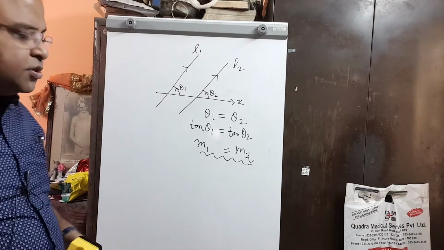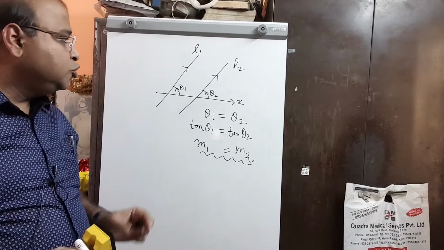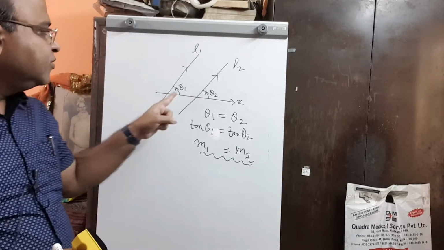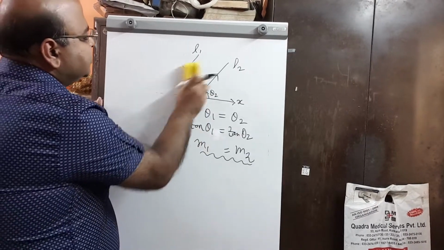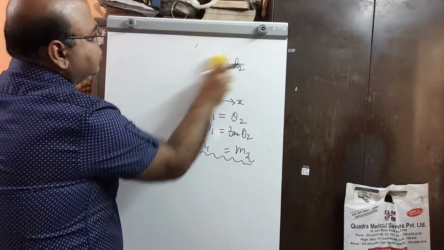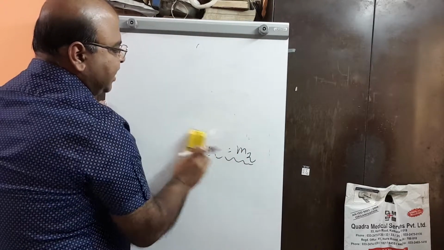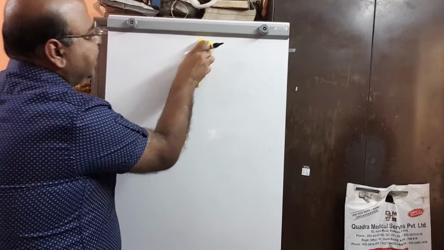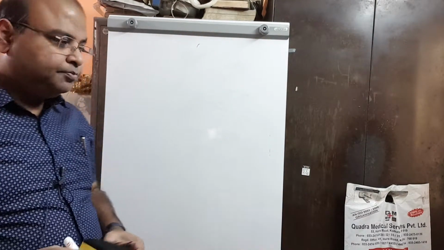Next we come to the discussion of finding the slope of a line when two points on it are known instead of the angle of inclination. So to find the slope of a line, when the angle of inclination theta is not known, but instead we have the coordinates of 2 points on the line, then how to find its slope?